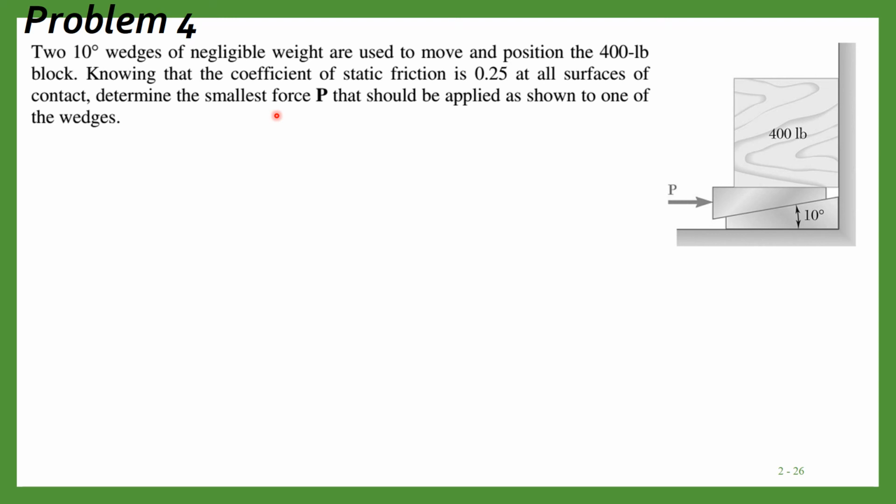Determine the smallest force P that should be applied as shown to one of the wedges. So we have to find the value of P. Let us solve the problem.